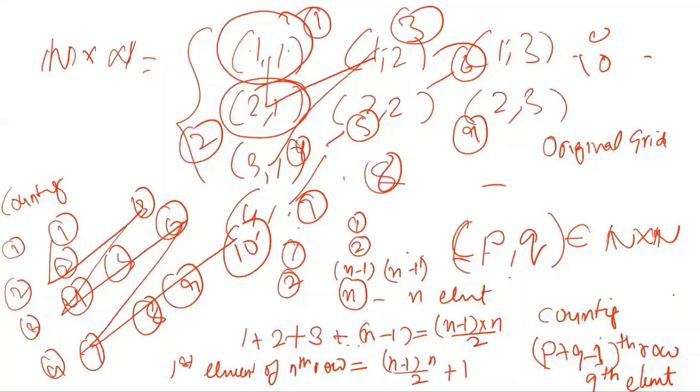Okay, and what will be the qth element? Of course, the qth element of this row would be this plus q. Okay, and what is the value of n? The value of n is given here. This is the row you are interested in. So if you put this value back here, you are able to find the exact number which you would assign to p comma q.